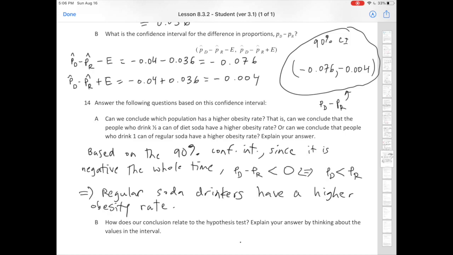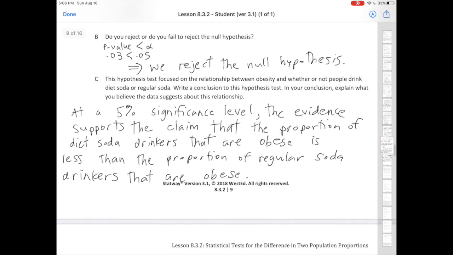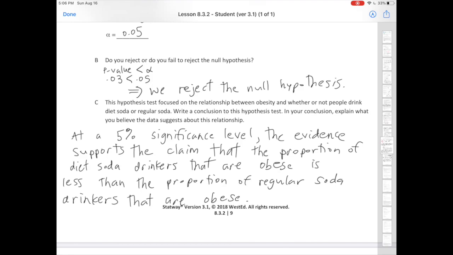That is when we are presenting where we think the real answer sits. And then later we talked about hypothesis testing. So let's look at our hypothesis testing. This was our result, right? We said at a 5% significance level, the evidence supports the claim that the proportion of diet soda drinkers that are obese is less than the proportion of regular soda drinkers that are obese. In other words, the obesity rate is higher for regular soda drinkers.